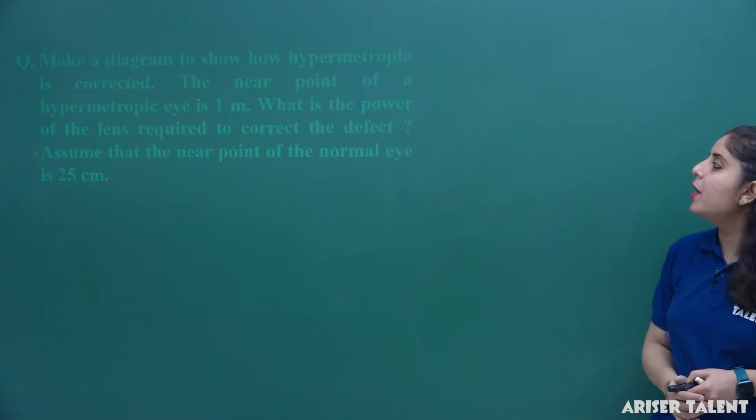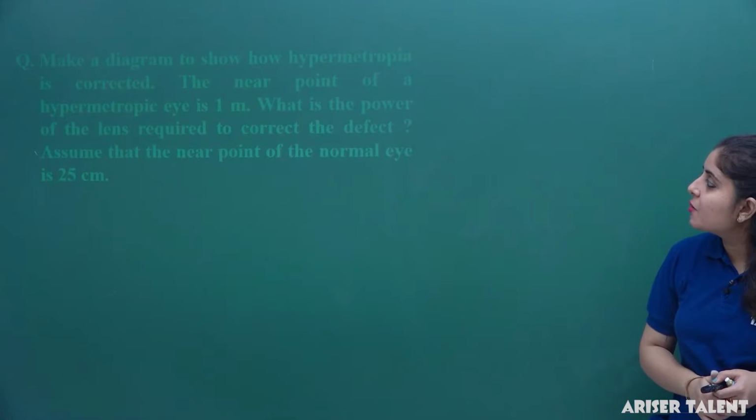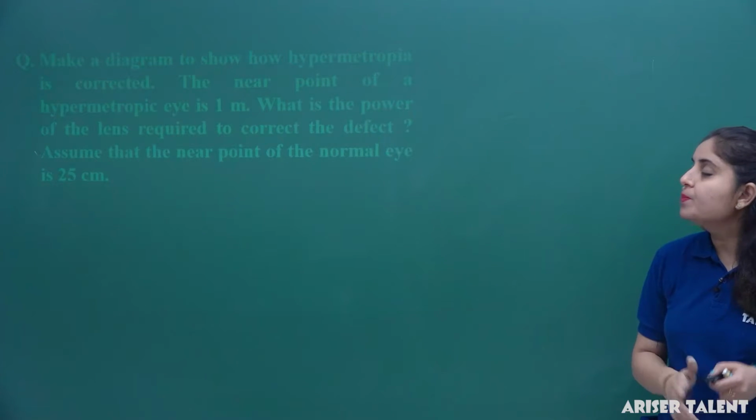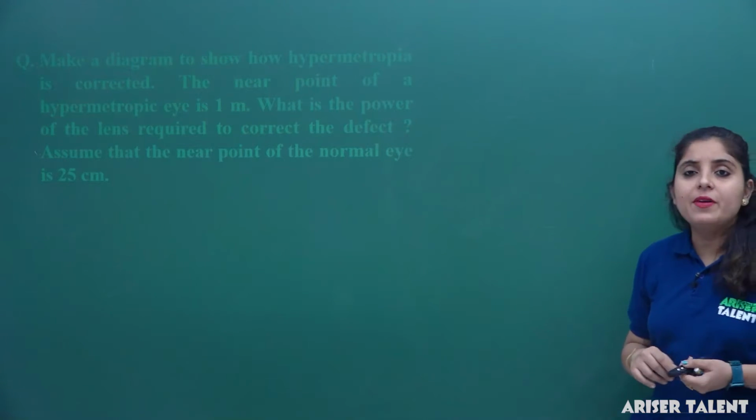The near point of the hypermetropic eye is 1 meter. What is the power of lens required to correct the defect of vision? Assuming that the near point for the normal eye is 25 centimeter.